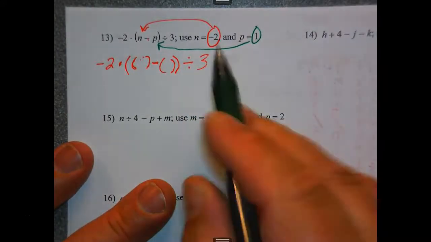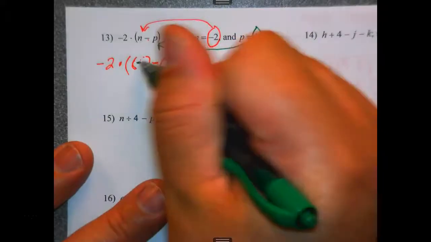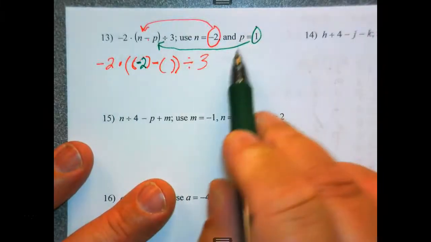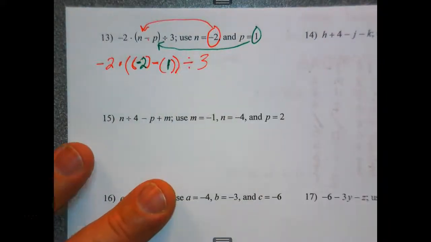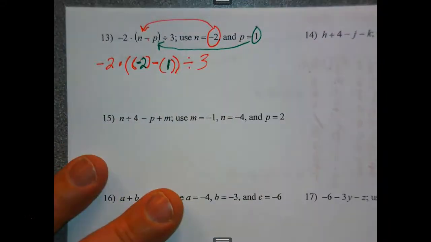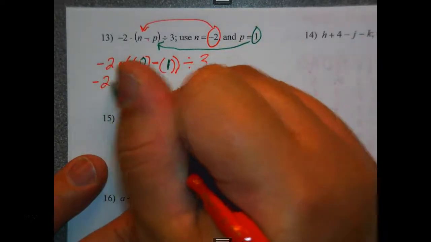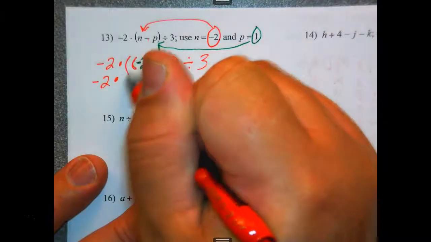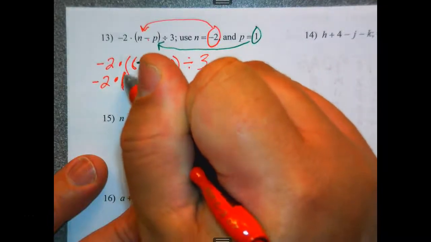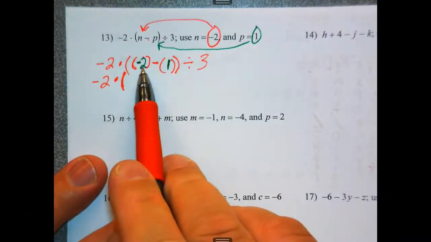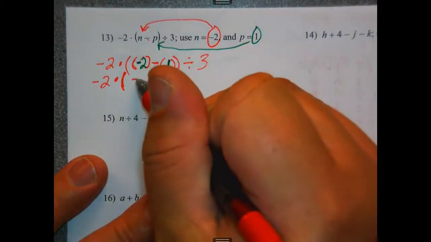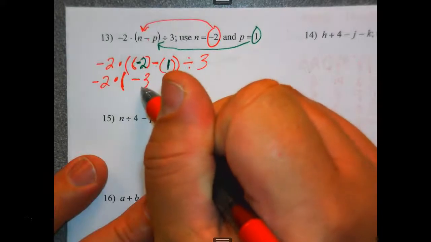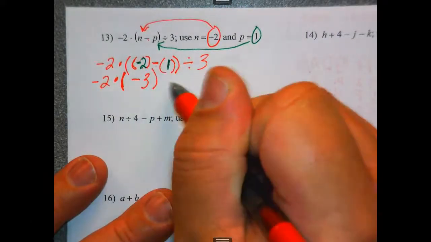Okay, my n is -2, and my p is 1. So I have -2 times my parenthesis. Really don't need that multiplication sign. -2 minus 1, that's -3. Divided by 3.